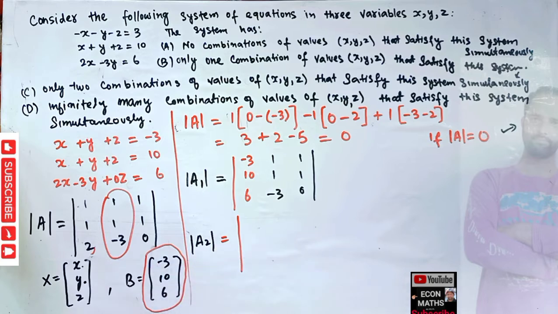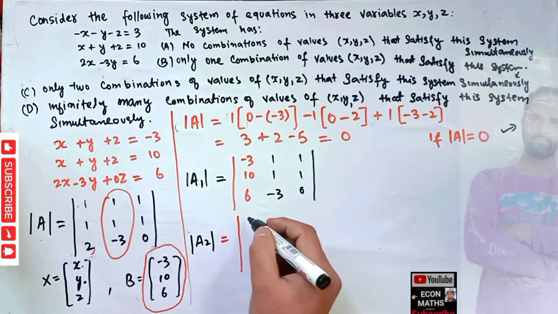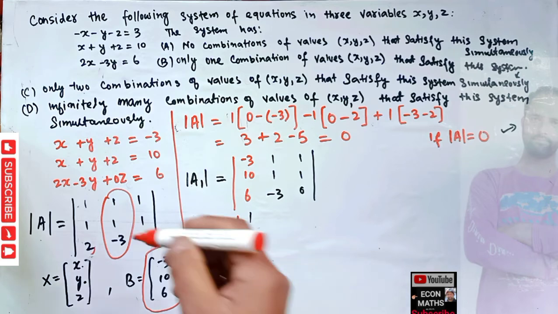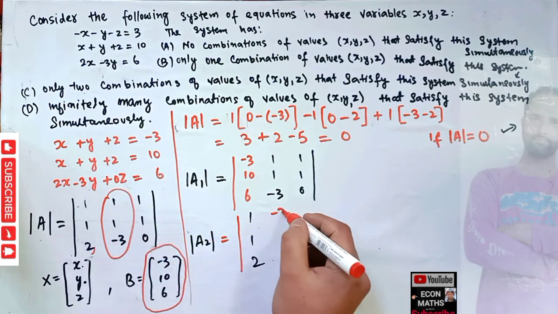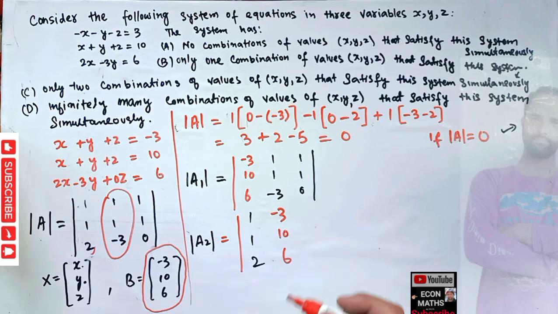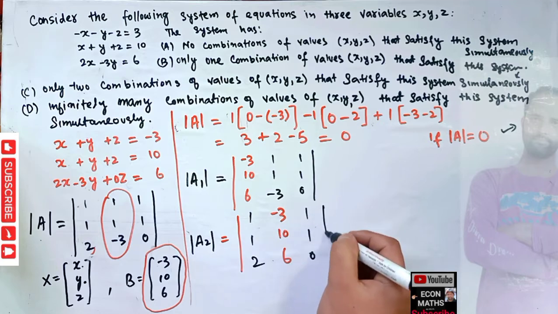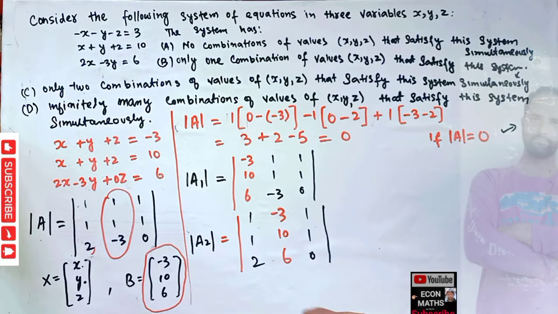So the new matrix will be like this: 1 1 2. Then in place of this we write -3, 10, 6, and similarly we have 1 1 0, to get the value of a2.